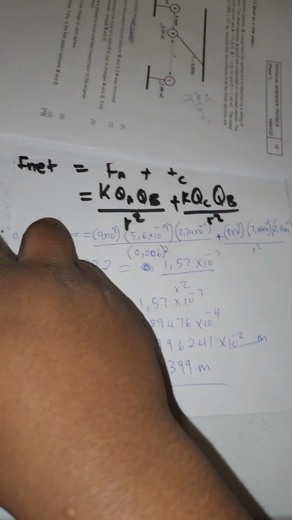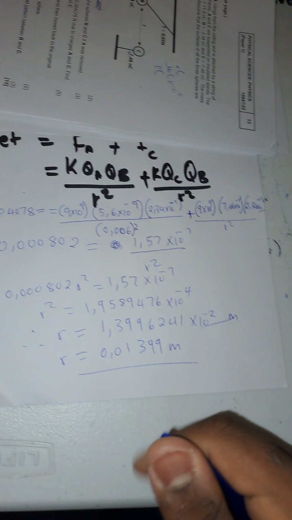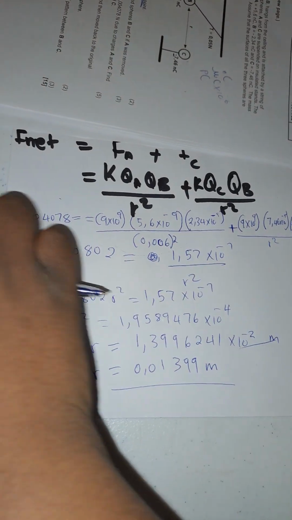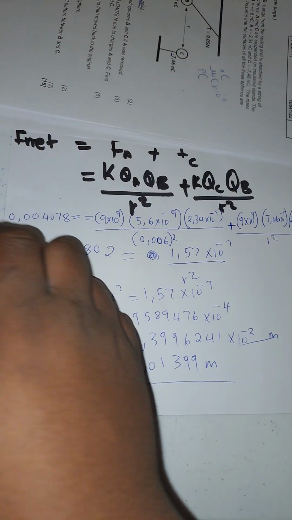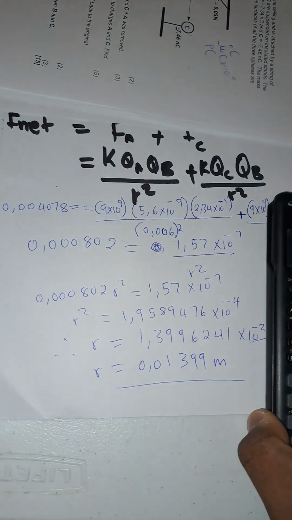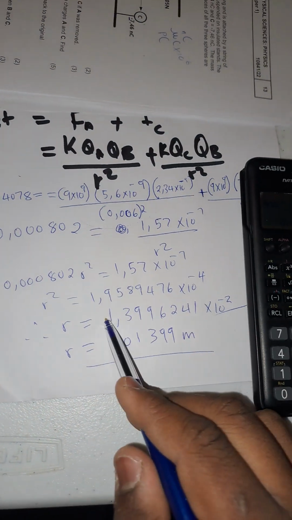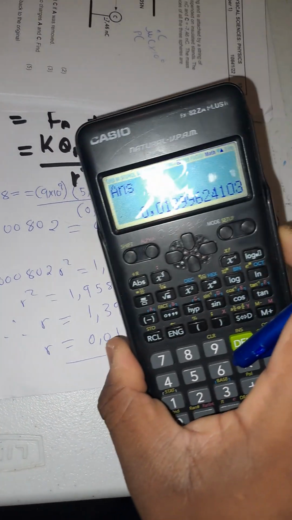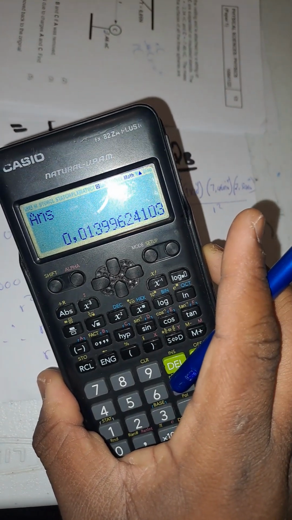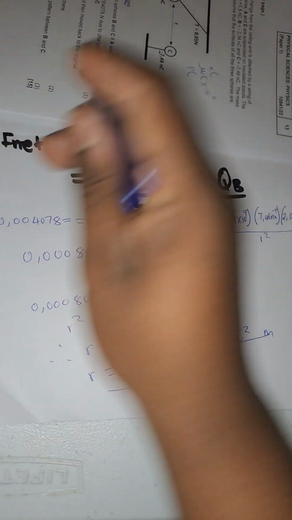So that's how you do it, guys. All right, we can now continue, because I found my answers in scientific mode, but when I take it to normal mode, you see I get 0.01399. So that's how we do it.